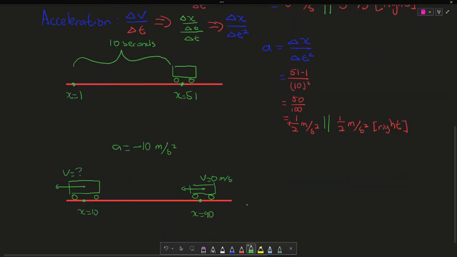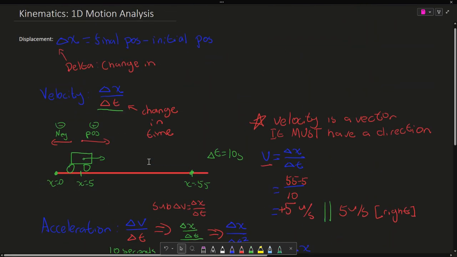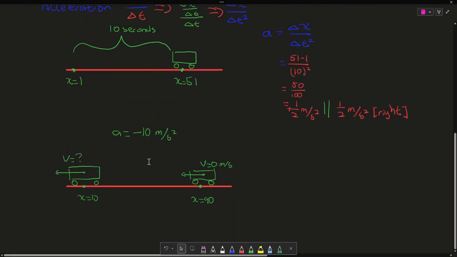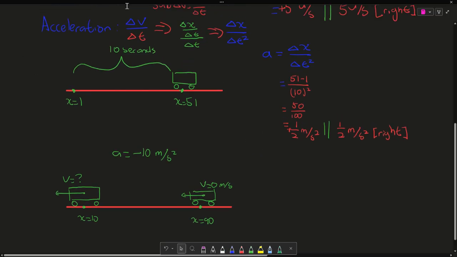So we just need to use some basic algebra to modify this equation. When we get into later kinematics, this algebra is going to come in really handy because we will be dealing with much more complicated equations. So we know that acceleration is delta v over delta t, and we want to know delta v.